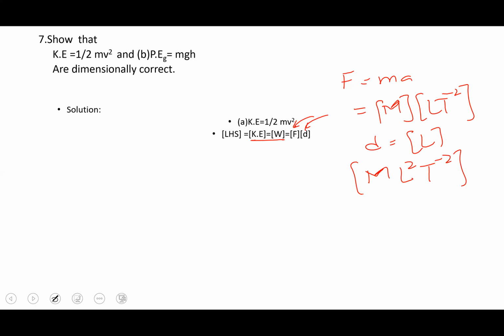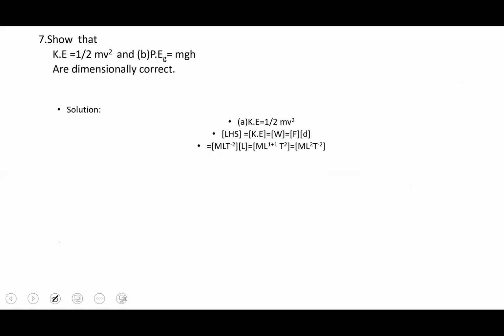So this is the dimension of work done, which we have to calculate over here. If we add this L and this L, it will be 2L. So the dimension of work done will be M L square T inverse square.